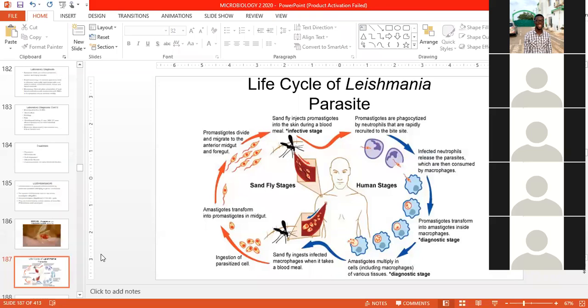Normally when I'm explaining the diagram, I don't talk about everything. I just give you a summary, the salient points. So when you're writing, I also expect those salient points from you.